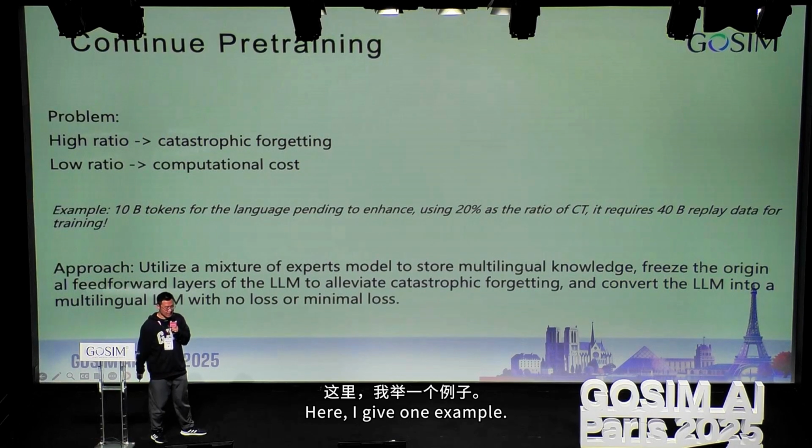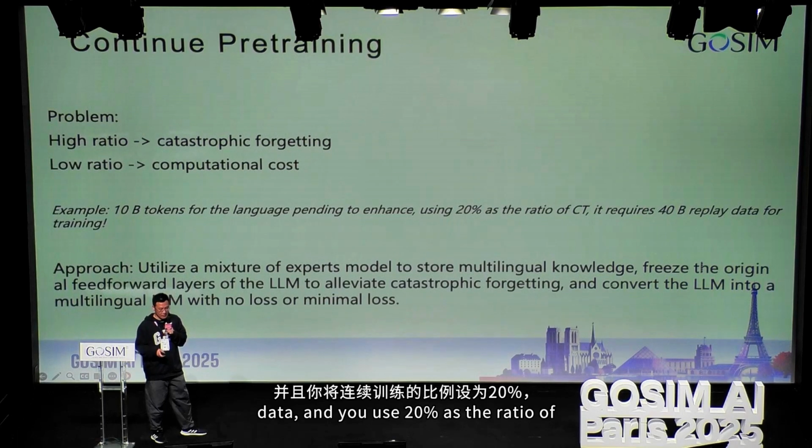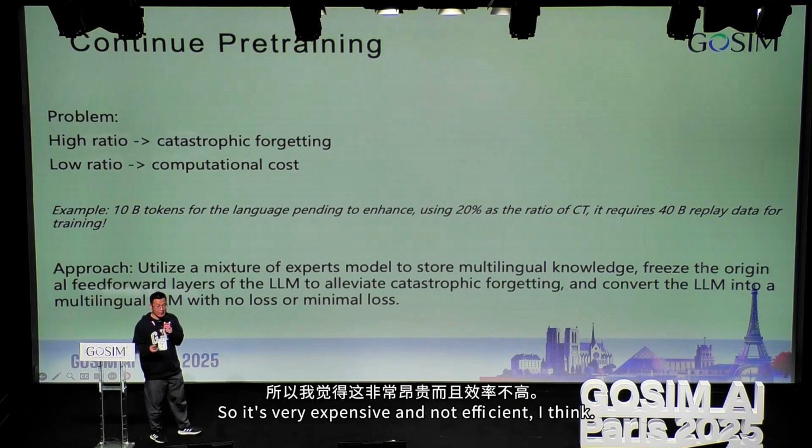Here I give one example. If you have 10 billion tokens for new data, and you use 20% as the ratio of continual training, it actually requires 40 billion tokens of replay data. So it's very expensive and not efficient, I think.